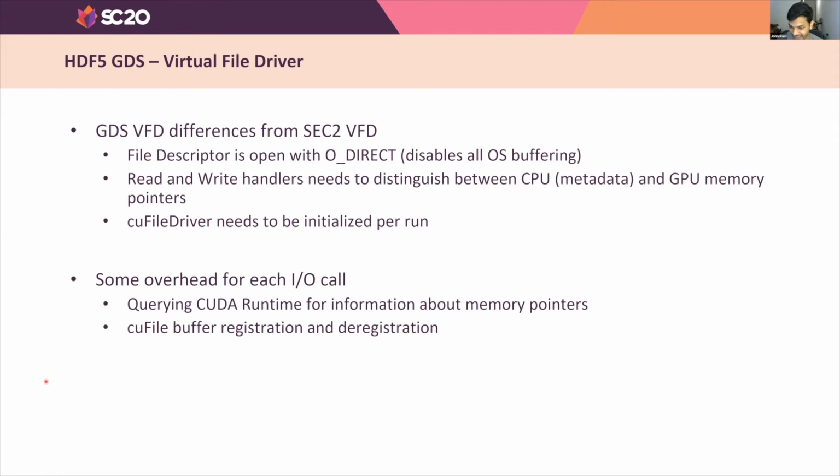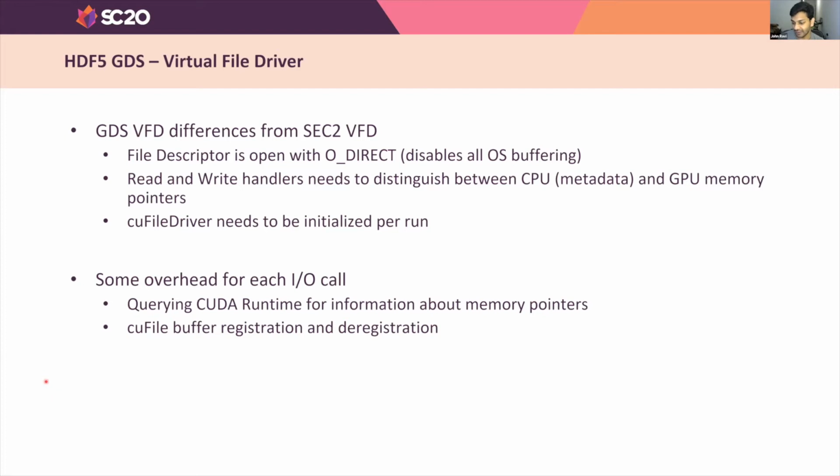And lastly, there's this cuFile buffer register. Basically, at each IO request, the driver figures out the address translation from the virtual address space to the physical PCIe address space, and it will register that to the DMA controller.